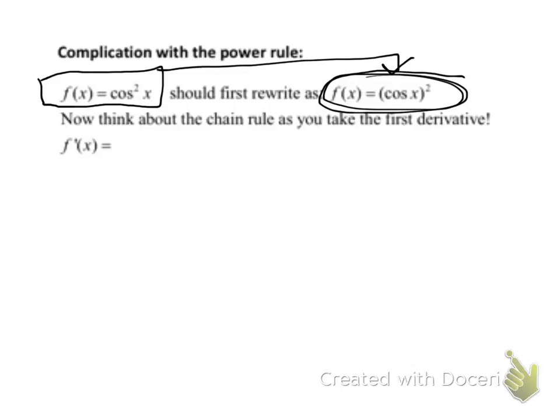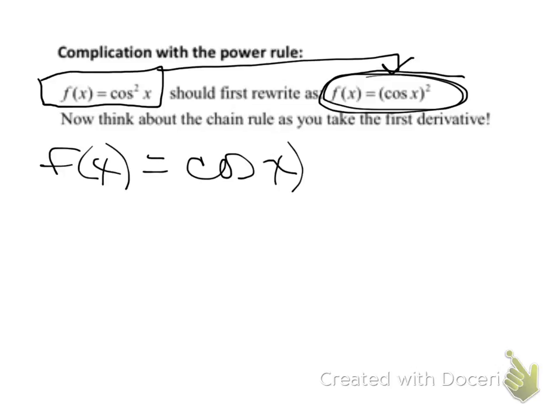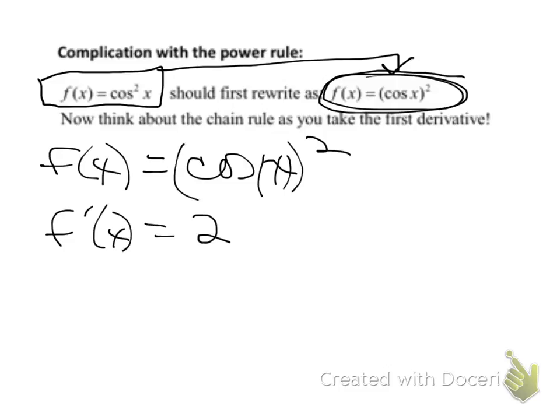And so if I want to take the derivative of that, so I'm not going to use this right here, because I'm going to move this down. So if I know that my f of x, writing it correctly, or writing it so that I can see exactly what I'm doing, is that, and that's my angle, then my f prime of x is going to be obtained by using the power rule first, right?